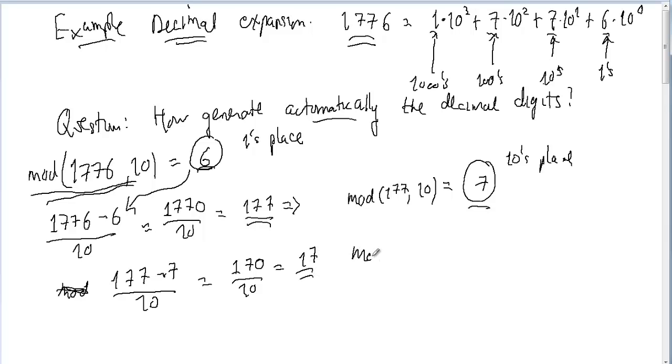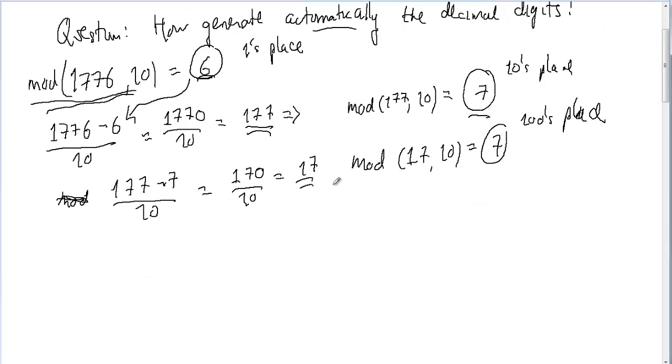And if I take 17 mod base 10, that's going to give me the 7, which is the 100's place. This may be reminiscent of the Euclidean algorithm, this iterative method where we take our result and go down farther, but there is some difference.